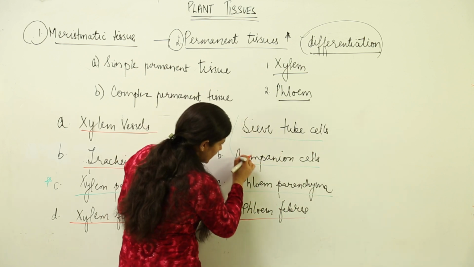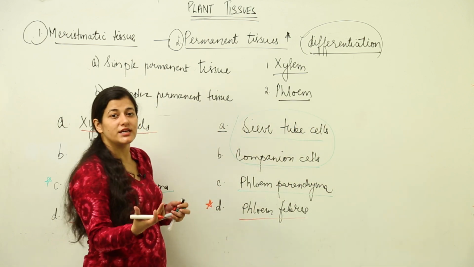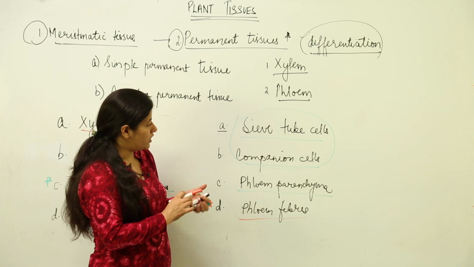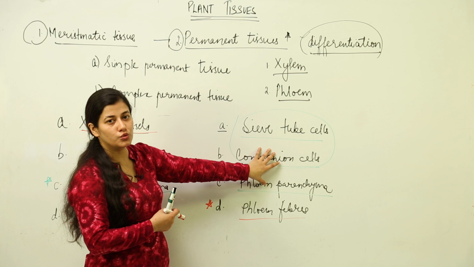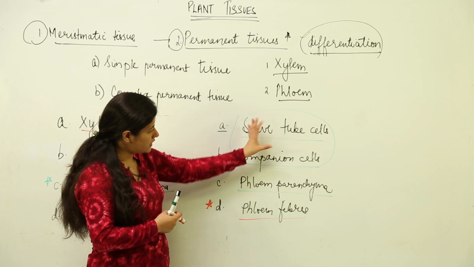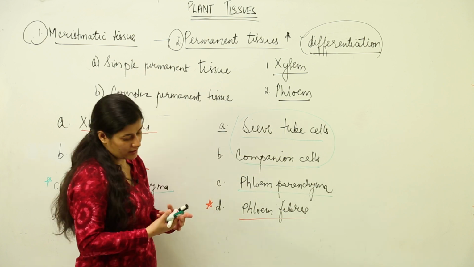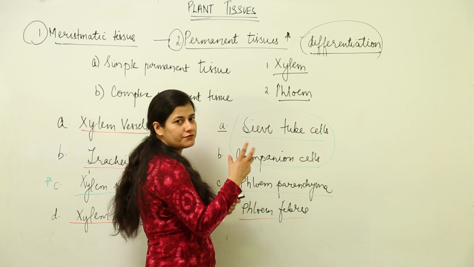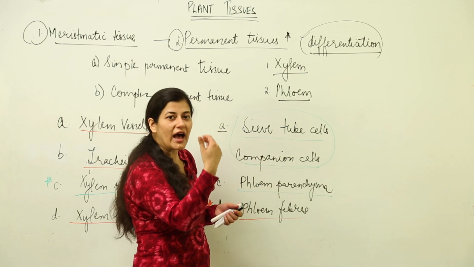But these two cells are in close proximity to each other, and such is their arrangement that we call the sieve tube cell and companion cell sieve tube elements. Now why do we call them sieve tube elements? What you see in the name of these two cells is that something descriptive is there. First, in the sieve tube cells, the name suggests that there would be a tube and it would have a sieve in it.